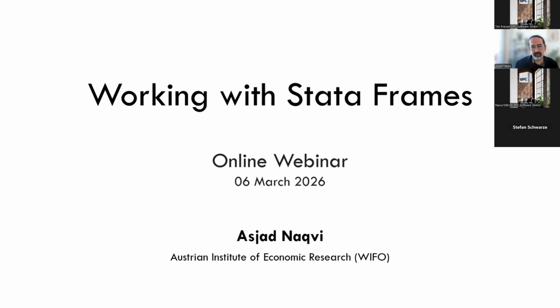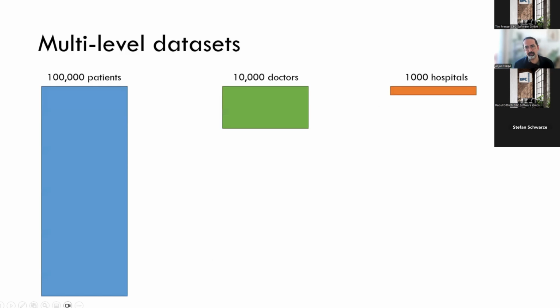But let's start with an example that might be more relevant to some of your work, right? A lot of us work with multi-level data sets, which means we are working with data sets which are sort of summarizing different parts of our environment, right? So it could be patients, doctors, hospitals, yeah?